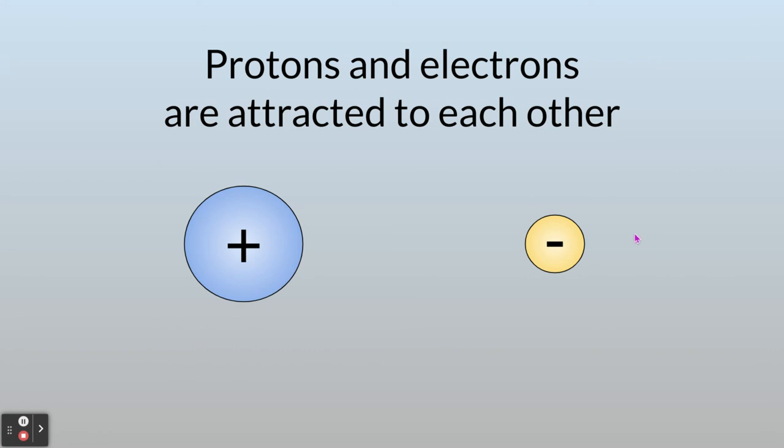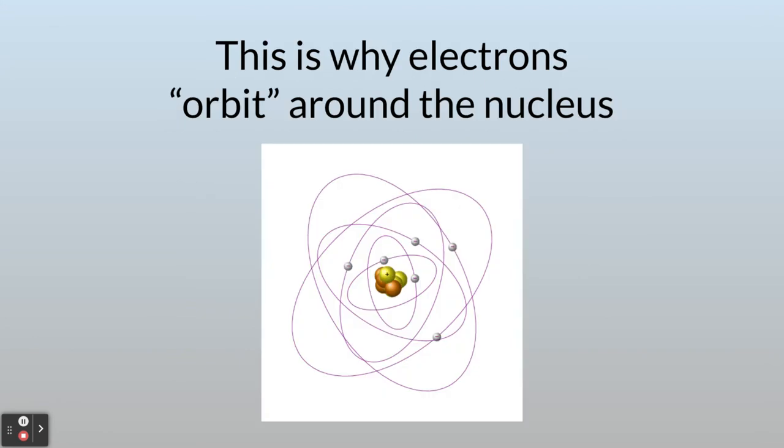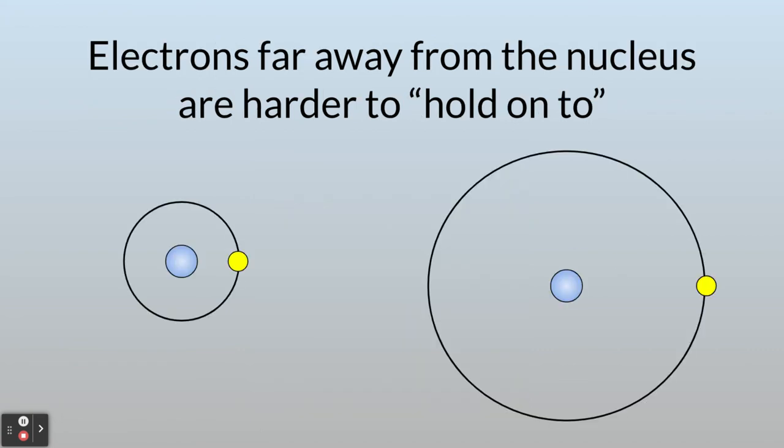North and south, positive and negative are attracted to each other. That's why electrons stick around and fly around the atom's nucleus all the time instead of going off and doing their own thing, because they're attracted to that positive proton in the nucleus.